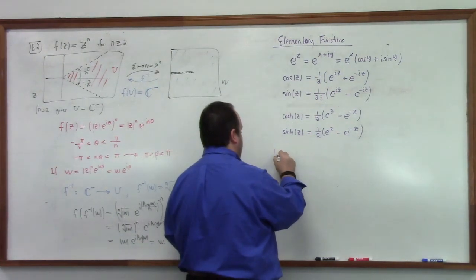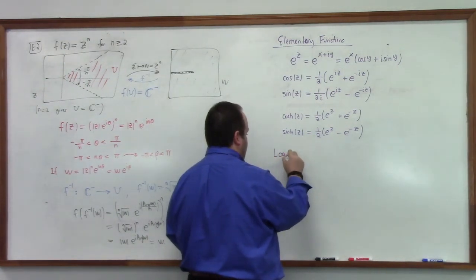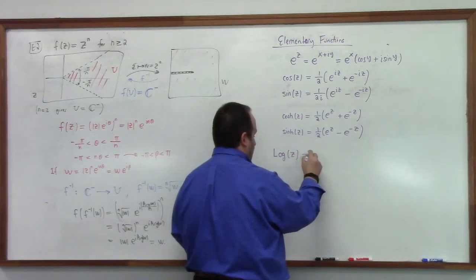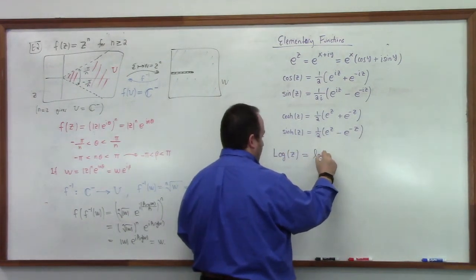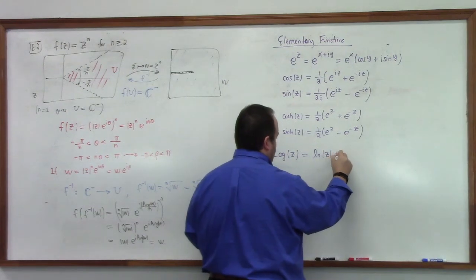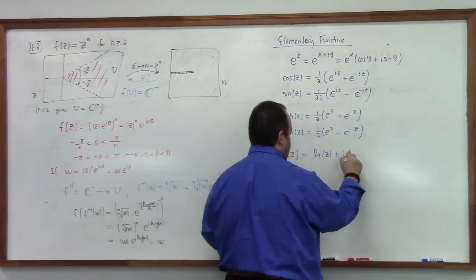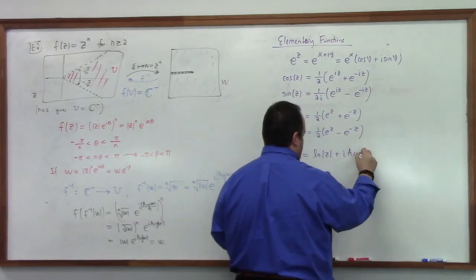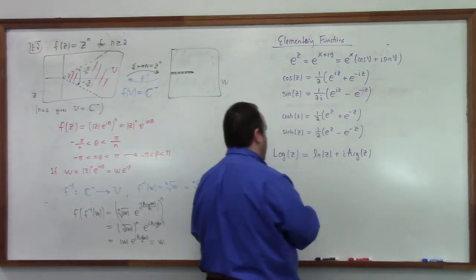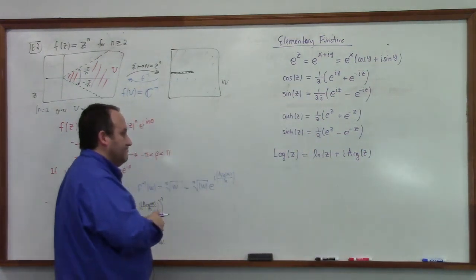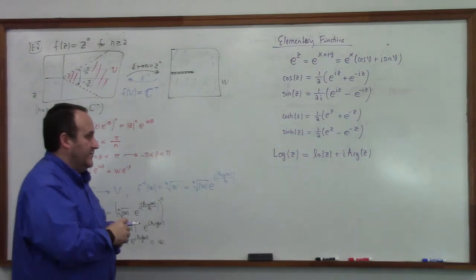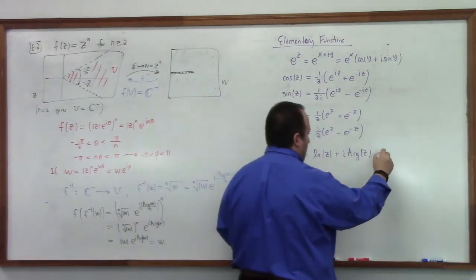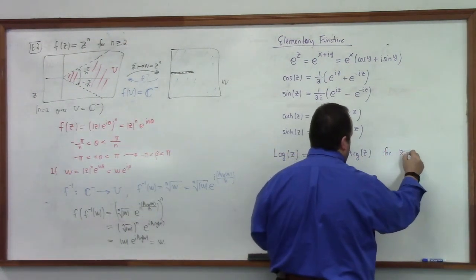So the log of z, all right, is defined to be the natural log of the modulus of z plus i times the principal argument of z. This is how we take the logarithm. And again, we're assuming z is not equal to 0.